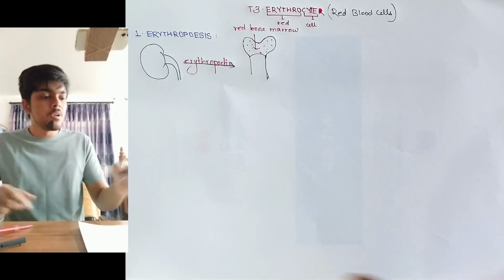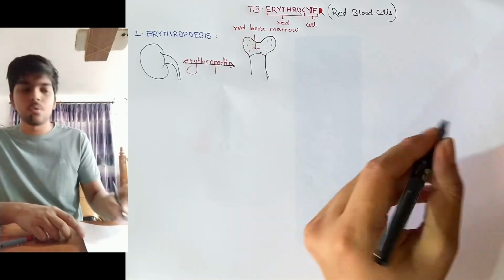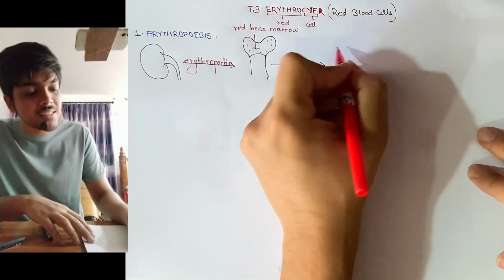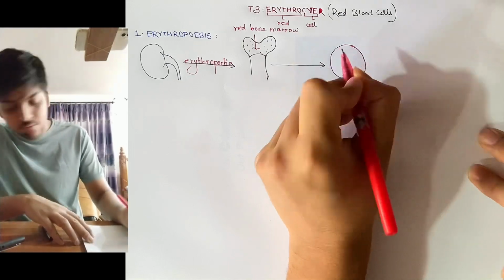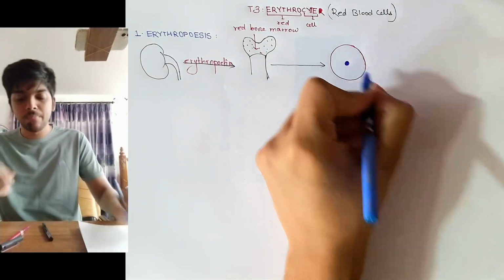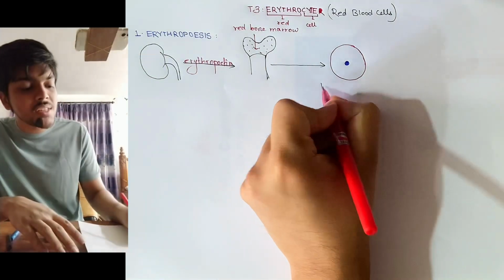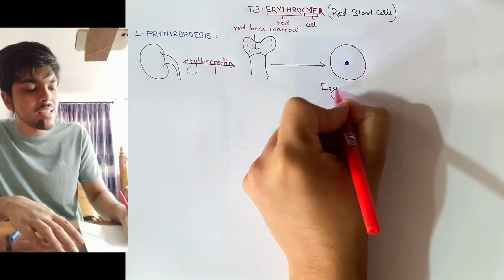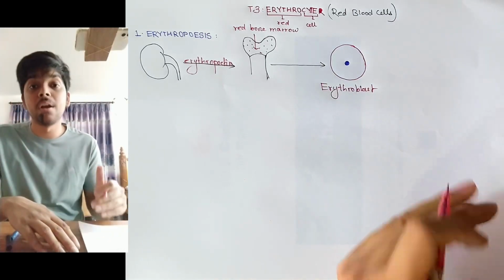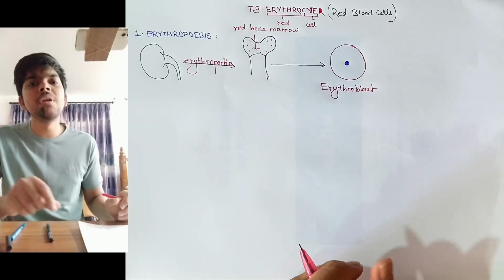Okay. What happens in the red bone marrow? In the red bone marrow, you have these large cells that contain nucleus in the middle. And this is the precursor cell for erythrocyte known as erythroblast, where erythro refers to red blood cell and blast means precursor cell.